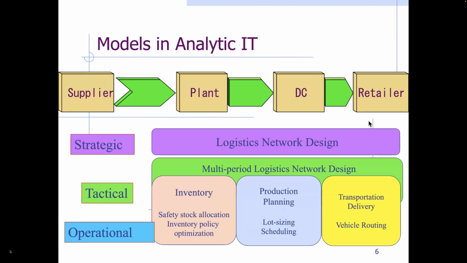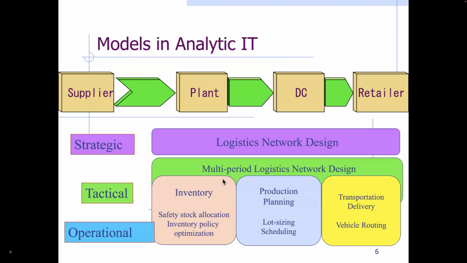In the strategic level, we have an analytic IT model named the logistics network design that encompasses the whole logistics network and determines new suppliers, a new flow pattern of products through the network, a selection of warehouse locations and capacities, the production levels at each plant or the production line in order to minimize total production, inventory, and transportation costs, that means whole supply chain costs.